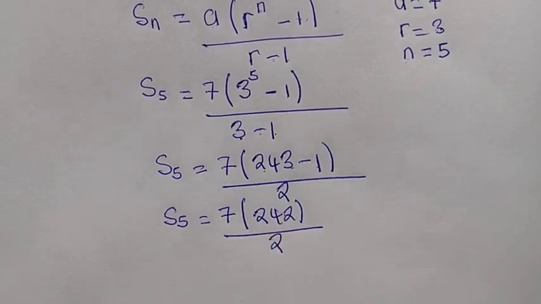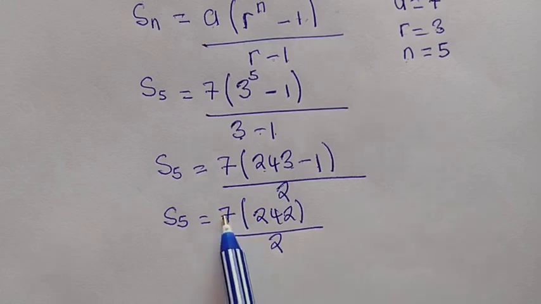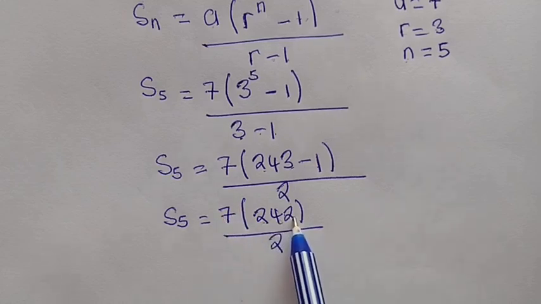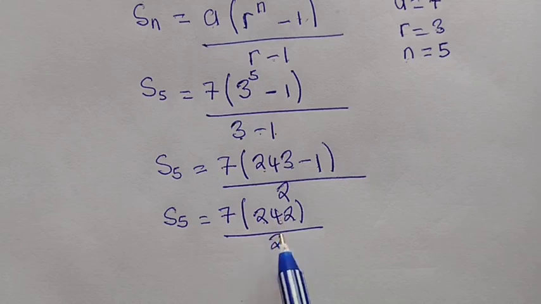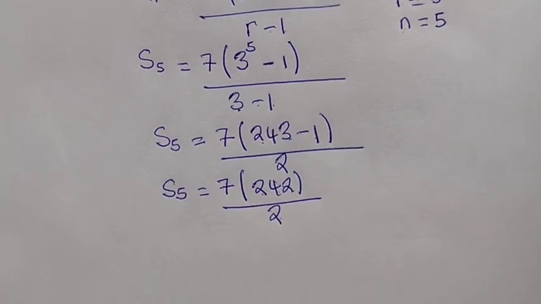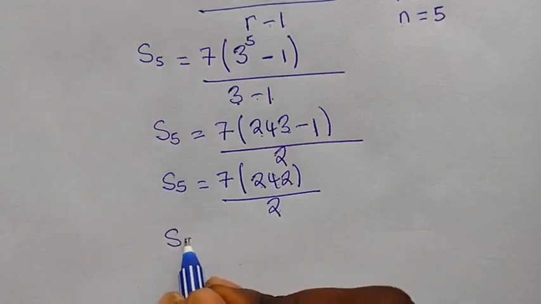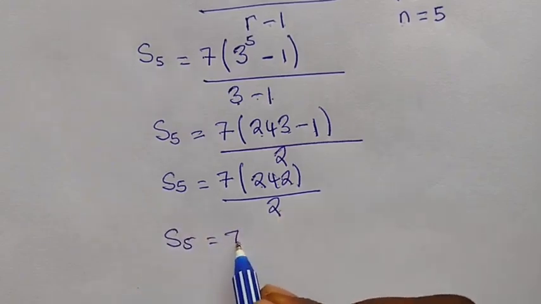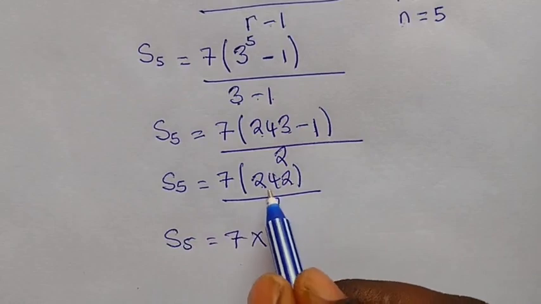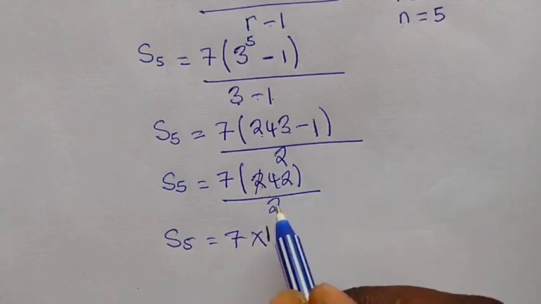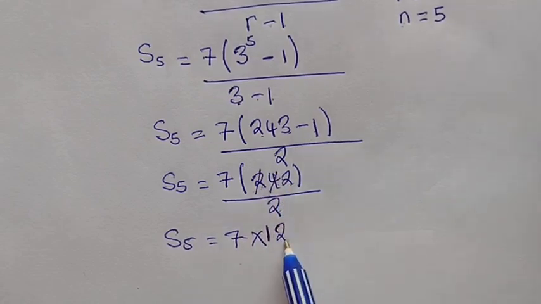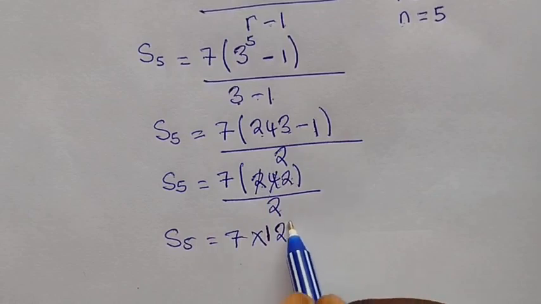Remember, this is paper 2. So if you want, you can multiply 7 times 242, then later on divide by 2. Or if 2 is divisible into this number without leaving any remainder, you can do that. So sum of 5 terms is equal to 7 times, and 2 can go into 242 without giving us a remainder. 2 into 2 is 1, 2 into 4 is 2, 2 into 2 is 1.